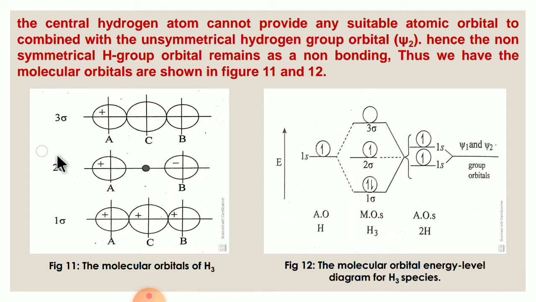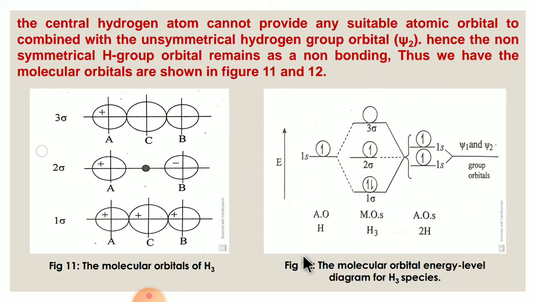But apart from these two, another molecular orbital, the non-bonding molecular orbital, is formed, which is denoted as 2 sigma, which is formed without any combination, because the matching symmetrical orbital of HC is not available to combine with the ligand group orbital.